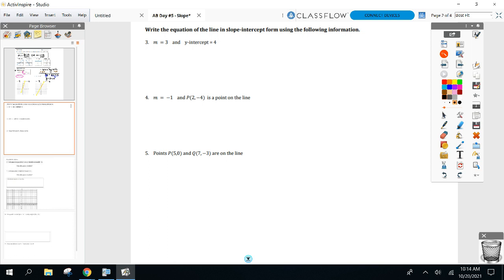So that's my y equals mx plus b. So before we start, every problem we do now, these next 3 problems, you're going to have to figure out what the slope is if it's not given, and figure out what the y-intercept is. I need those 2 values before I write the equation.